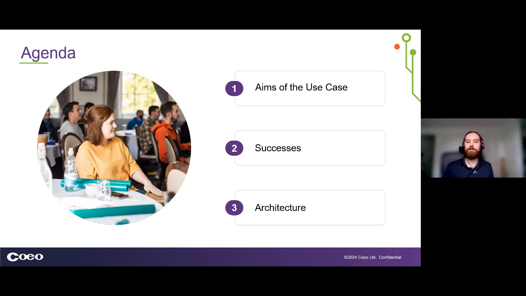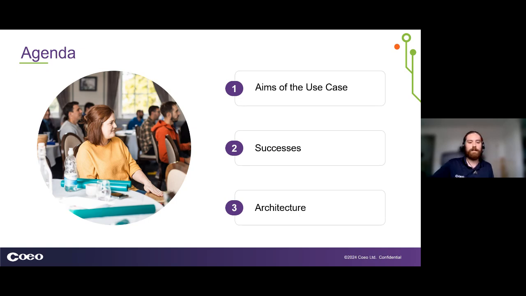And I'll follow that up by talking a bit about the outcomes, where the successes lie, what the benefits of it was for that client, and then finish off. We'll do a bit more of a deep dive into the architecture, into how we put the solution together, and where it now stands.